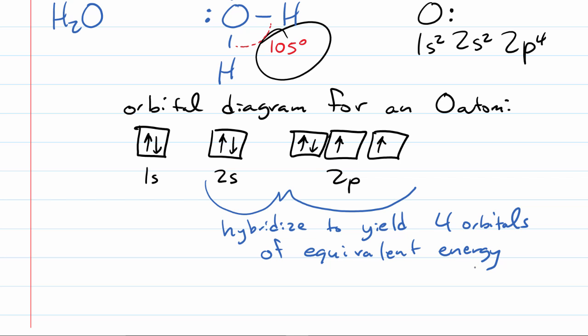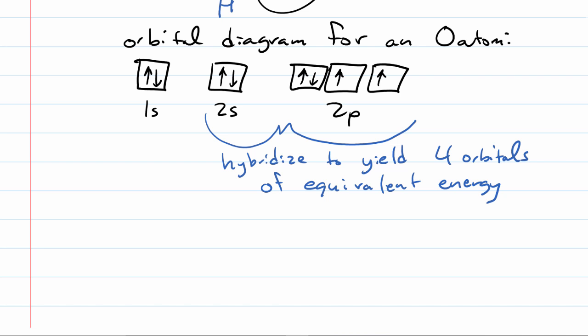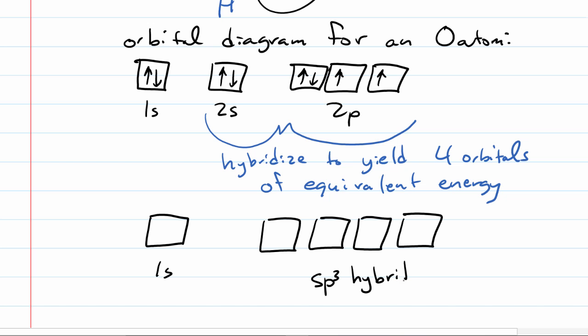So once they hybridize, what happens then, if we were to write out their orbital diagram, is something like this. We have the 1s subshell, and then we have 1, 2, 3, 4 orbitals that have this equivalent energy. And we refer to these orbitals as being sp3 hybrid orbitals.